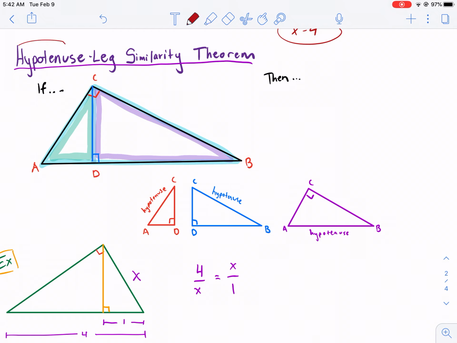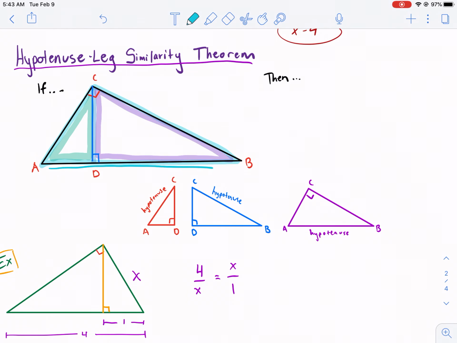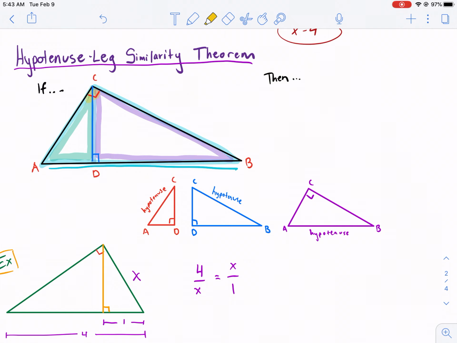Now we're talking about hypotenuse, so we have to first find the hypotenuse. The hypotenuse of the big one is clearly AB. If you're having trouble finding the hypotenuse, always find the 90-degree angle, and it's the side opposite the 90-degree angle. So in this case, our hypotenuse for the big one is going to be AB.